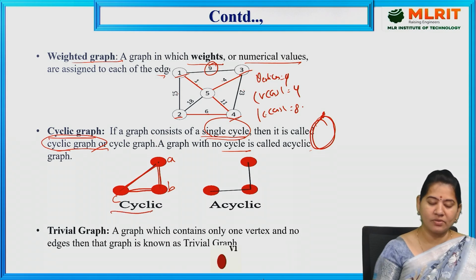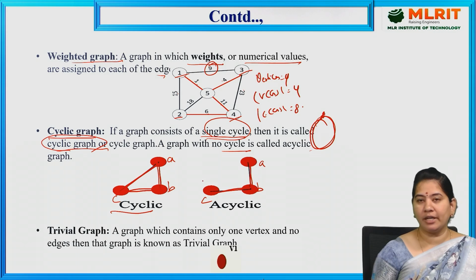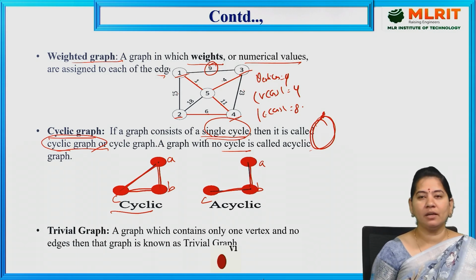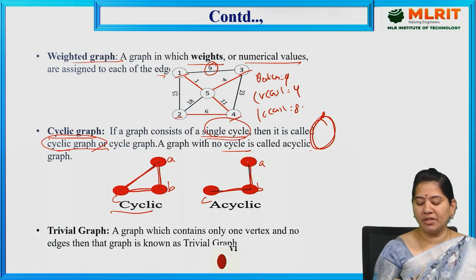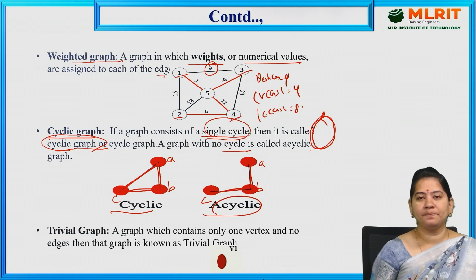Then I can say this is called a cyclic graph. And here the starting and ending points are not the same, why? Because they don't match. Let us suppose this is A, B and C. A to B, B to C, but I am not giving a C to A connection. Then the starting and ending are not the same. As the source and destination points are not the same, this is called an acyclic graph.